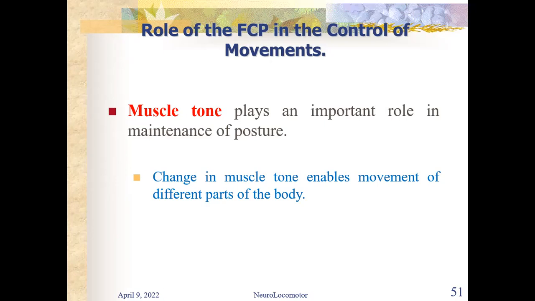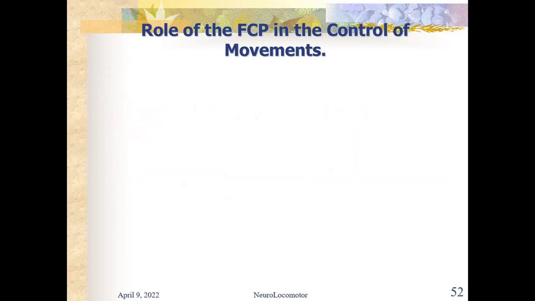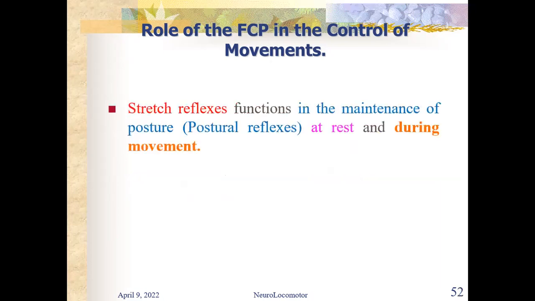When you are walking, different parts of the body are coordinating. You are turning your neck, you are swinging your arms, so people can walk in style. It's as a result of changes in the muscle tone that enable movement of different parts of the body at the same time.